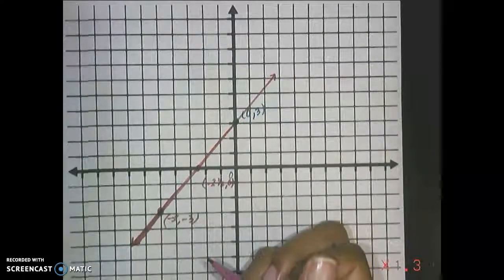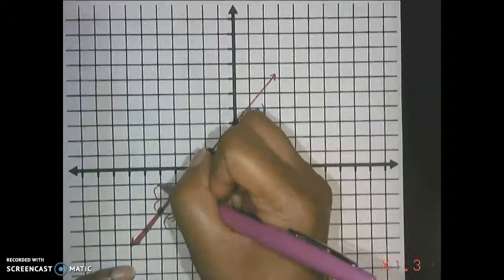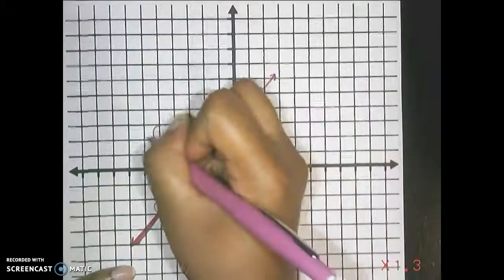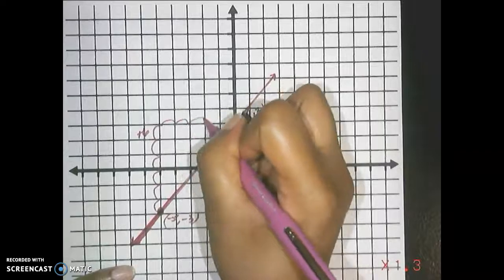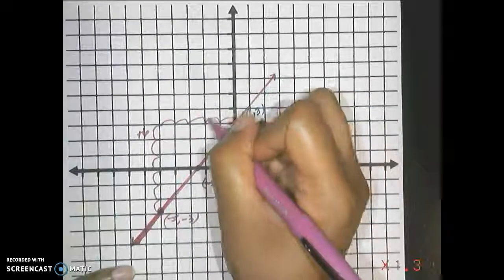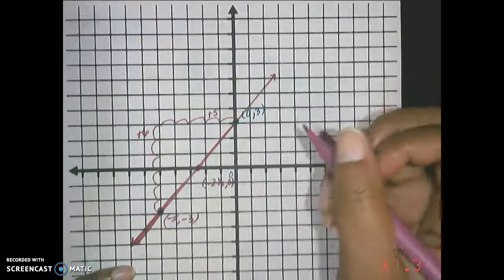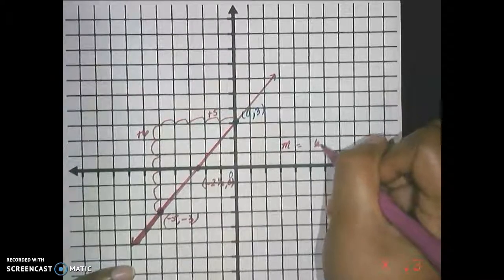Okay, but what I want you to see is that if I move up 1, 2, 3, 4, 5, 6, and 1, 2, 3, 4, 5 to the right, then technically what I just did was apply my slope, which is 6 over 5.